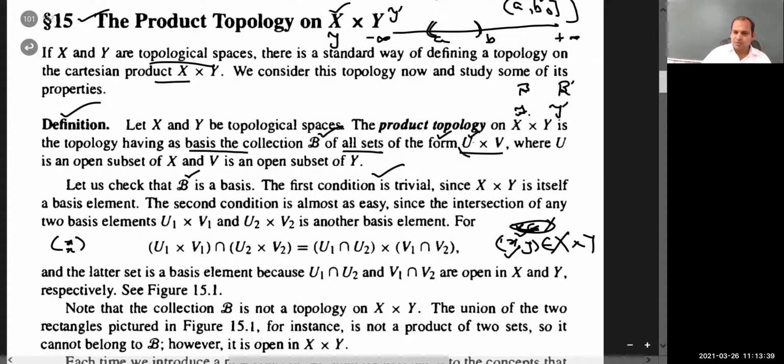Since B is a basis generating this topology, using the definition of a basis, around this x I can always have at least one basis member containing it. Similarly, since script B dash is a basis generating script T dash, for y I always have at least one basis member containing it. Let us denote that by, say, U1.